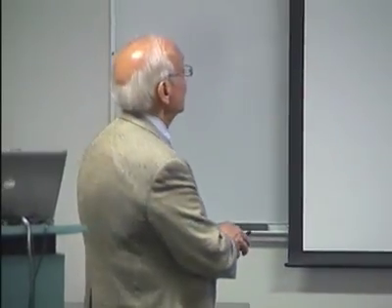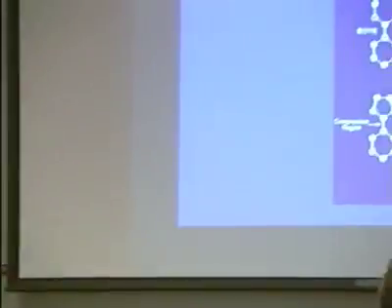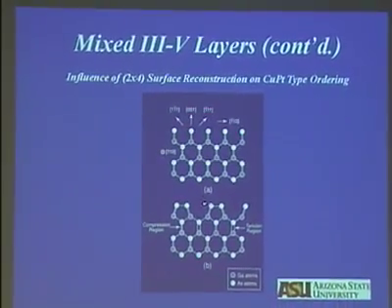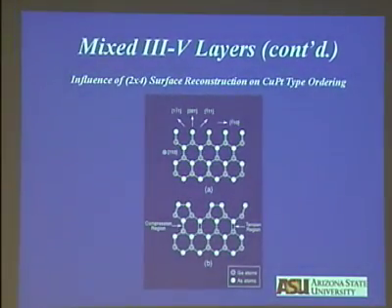Now, how does the ordering occur? Mechanistically, the same argument, the size difference, helps you to understand that. This is a cross-section along the 110 plane, and you have seen this earlier. Now, when you have these exposed arsenic atoms on the surface, group 5 atoms, as I said, there are a lot of dangling bonds on the surface.